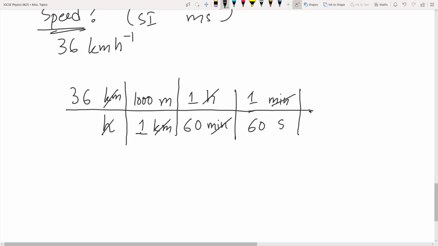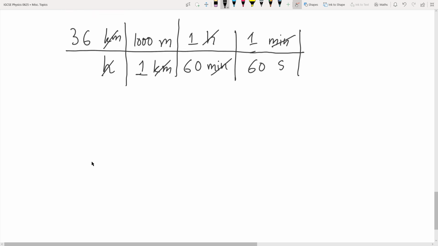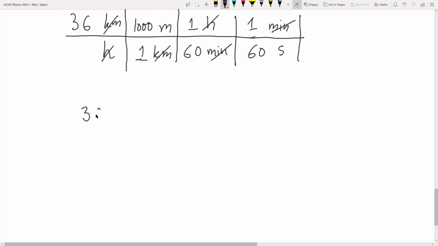Now I just need to take all the numbers together in the next step. What is the remnant? It is going to be 36 multiplied by 1000 meters, the unit meter is left over, divided by 1 into 60 into 60, and the remaining unit we are left with is seconds, right?